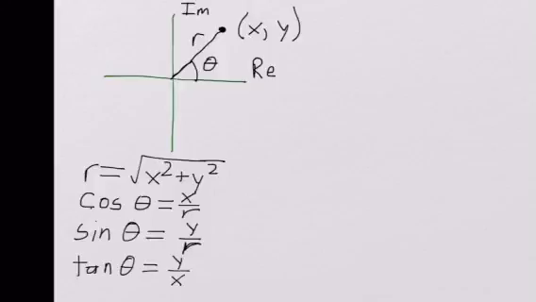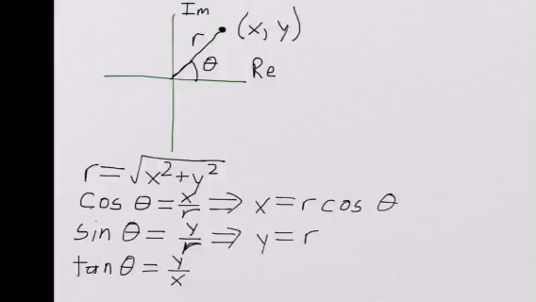Now, what's important for us is that we can rewrite this cosine of theta formula, multiplying both sides by r. We get x is equal to r cosine theta. Likewise, with the sine formula, we get y is equal to r sine theta.